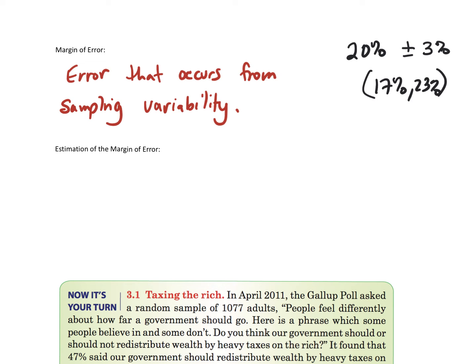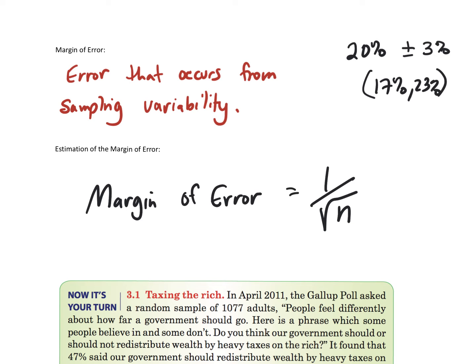So the fact when you start taking samples, they're not all the same, that actually is what's called the margin of error. Now, margin of error actually has a really, really simple formula. The margin of error can be simply given by the formula 1 over the square root of n, where n is just the total number in the sample.